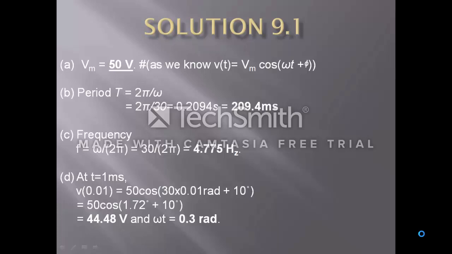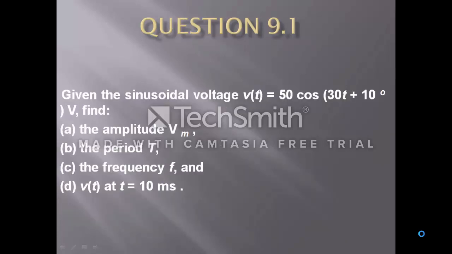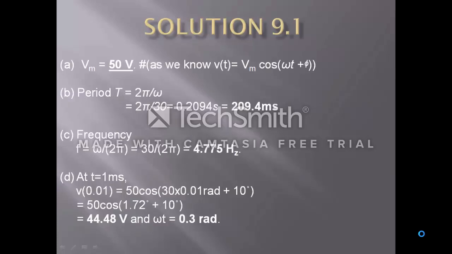And for the D part, they have mentioned in the question that t equal to 10 milliseconds. So we'll put t equal to 10 milliseconds in our v(t) equation, and we'll get v(0.01 seconds) equal to 50 cos(30 into 0.01 radian + 10 degrees). Here first we have to convert the radian into degrees.